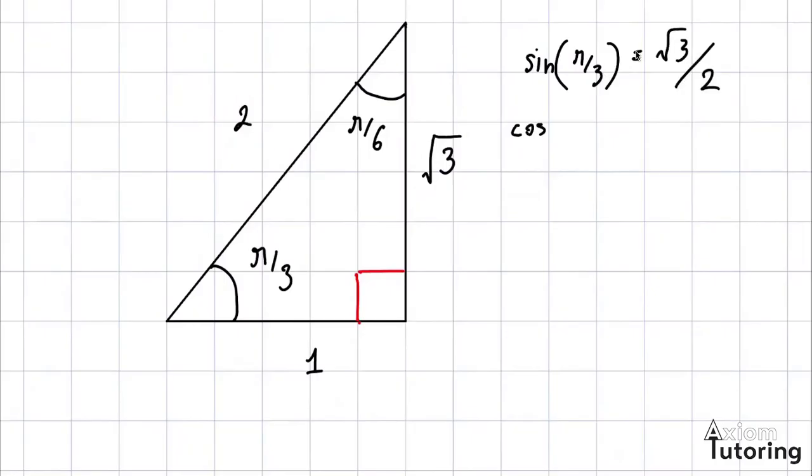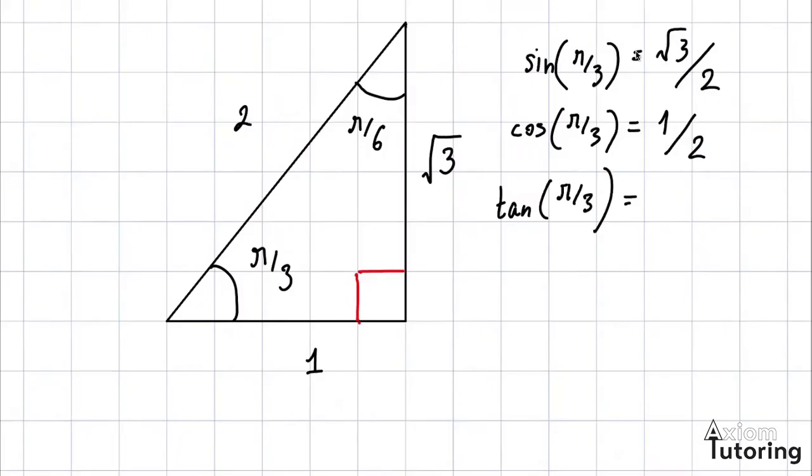Do the same for cos. Cos pi over 3 is equal to adjacent over hypotenuse. If pi over 3 is our theta, the adjacent side is 1. So we need to write 1 over our hypotenuse, again, is just 2. It's 1 over 2. And do the same thing, tan pi over 3.